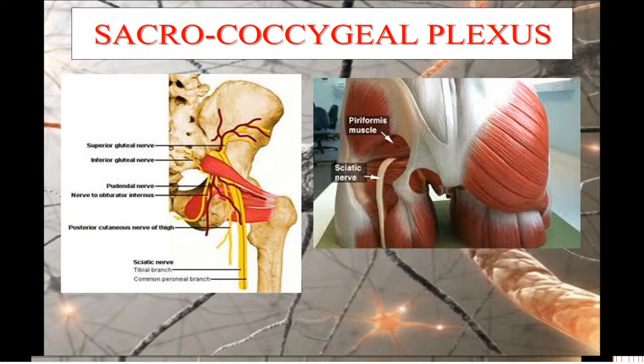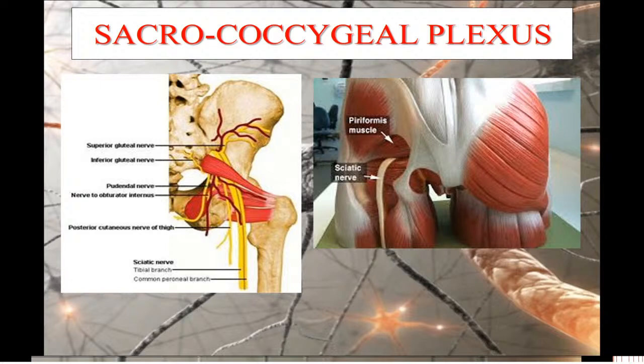This nerve exits via the infrapiriform foramen and appears most superficially in the thigh region just below the gluteus maximus muscle. At this point, it can be palpated.